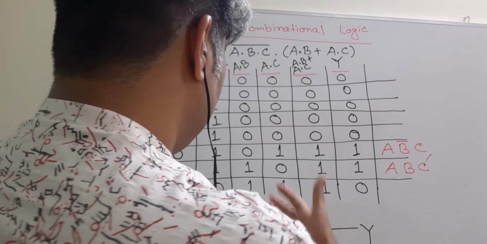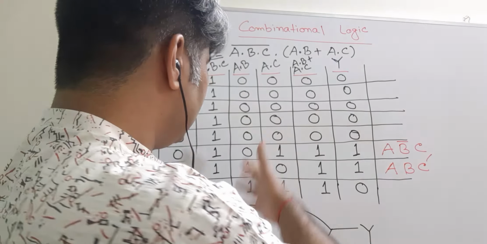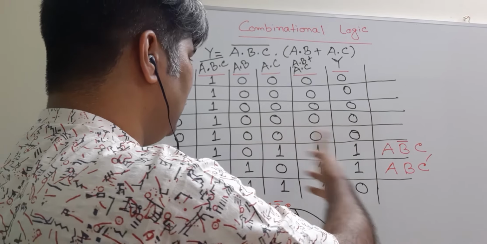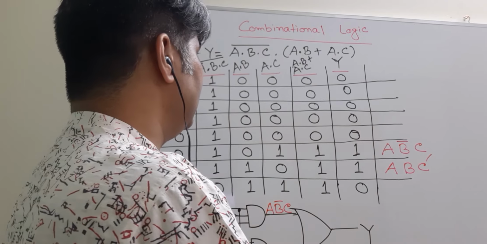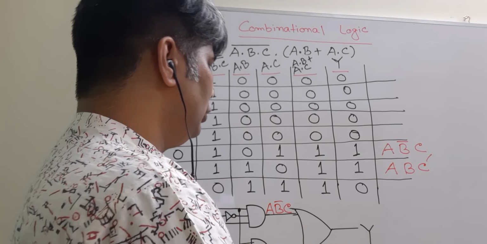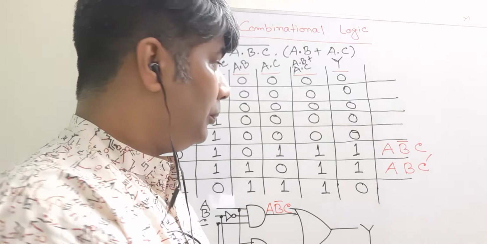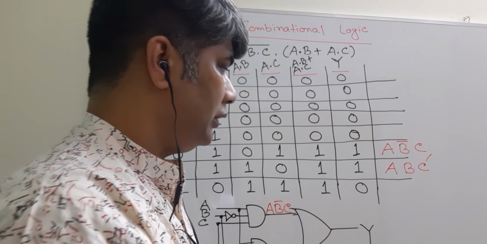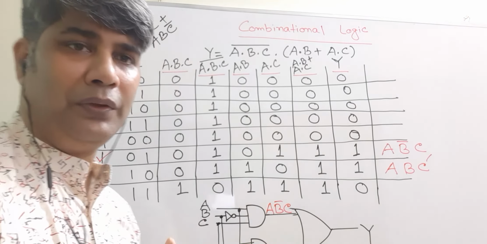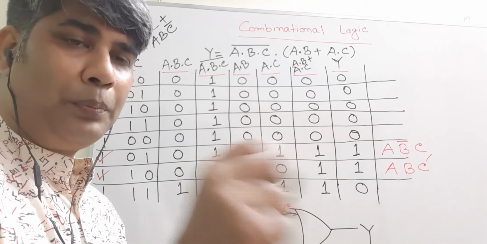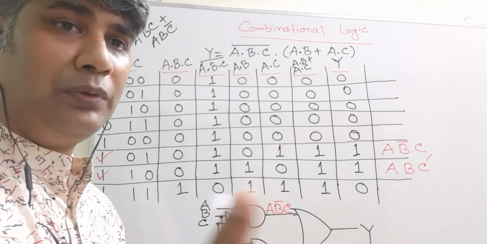As you can see, we did not use any Karnaugh map or anything. We just used the truth table, and since this is a very simple expression, we could do it. But there might be scenarios where you wouldn't be able to come up with a straightforward simplification. You might have to do a few lines of simplification before you can get the optimum simplified form.